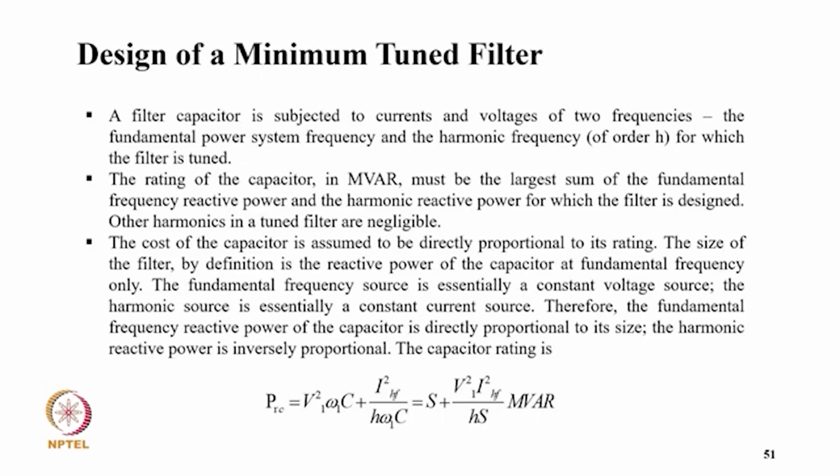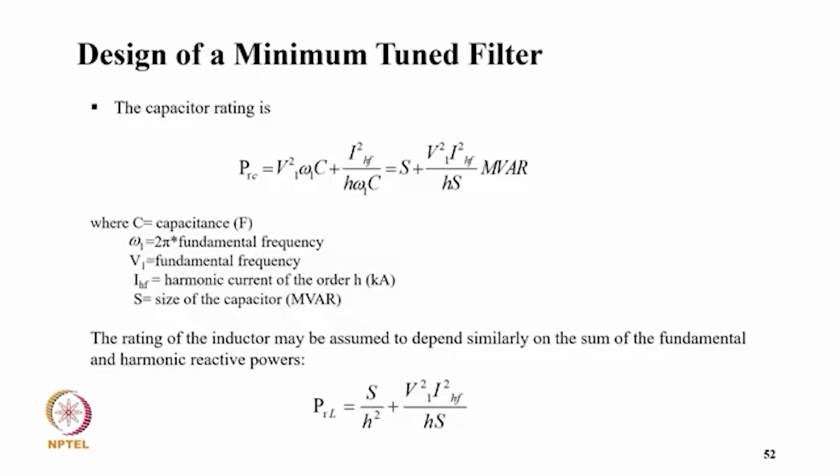The capacitor rating is P RC equal to V1 square omega 1 C plus I HF square divided by H omega 1 C, equal to S plus V1 square I HF square divided by H S in MVAR, where C is the capacitor in farad, omega 1 is 2 pi times the fundamental frequency, V1 is the fundamental frequency voltage, and I HF is the harmonic current of the order H in kV, and S is the size of the capacitor in MVAR.